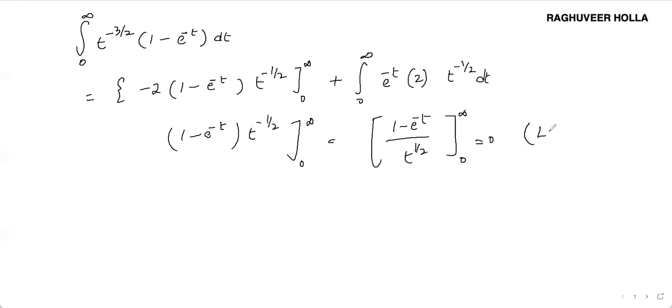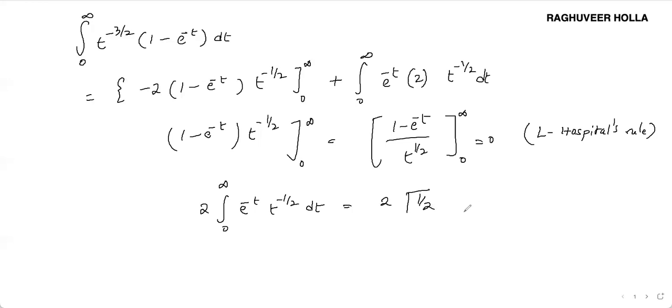This is by applying L'Hopital's rule. Now further, the integral from 0 to infinity of e to the power of minus t, t to the power of minus half dt, is equal to 2 gamma 1 by 2, which is equal to 2 root pi. So this is the solution.